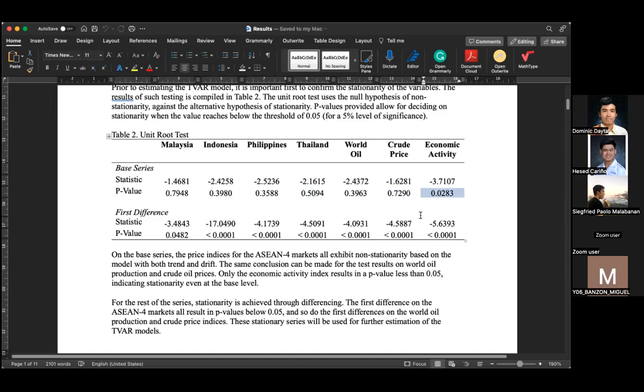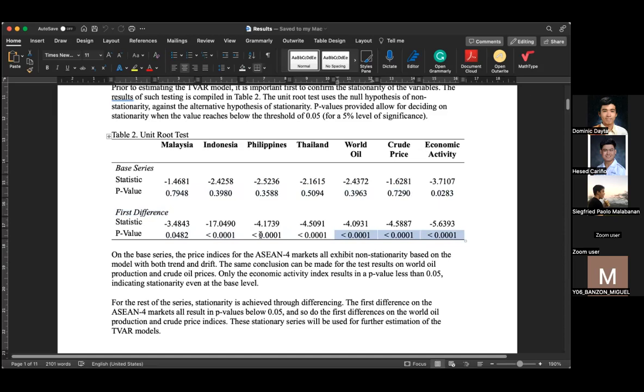Next, everything else doesn't pass the unit root test kasi lahat matataas yung p-value. So that means we need to do some kind of transformation here. So rather than look at the base series, we'll look at what's called the first difference. And the first difference is essentially the rate of change. Pagdating dito sa markets, ano yung price increase? Pagdating naman dito sa world oil crude price and economic activity, basically ano lang yung change, percentage change.